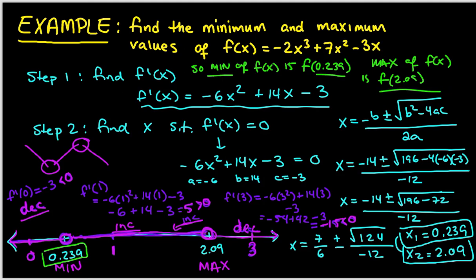I'm not going to go through it right now because I'm not using my calculator. But we know that 2.09 is the x value at which the maximum occurs, because it was an increasing function before 2.09, and a decreasing function afterwards. So there had to be a top point at which it stopped increasing and started decreasing, and that's where you get your maximum value.